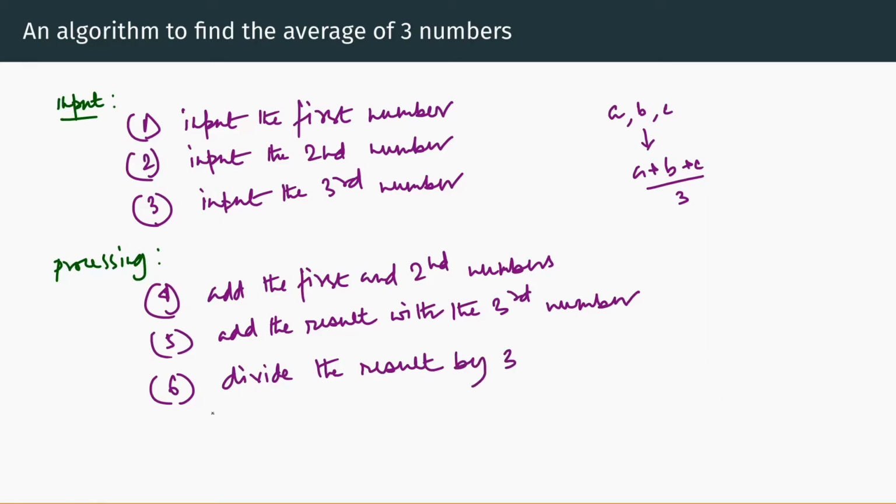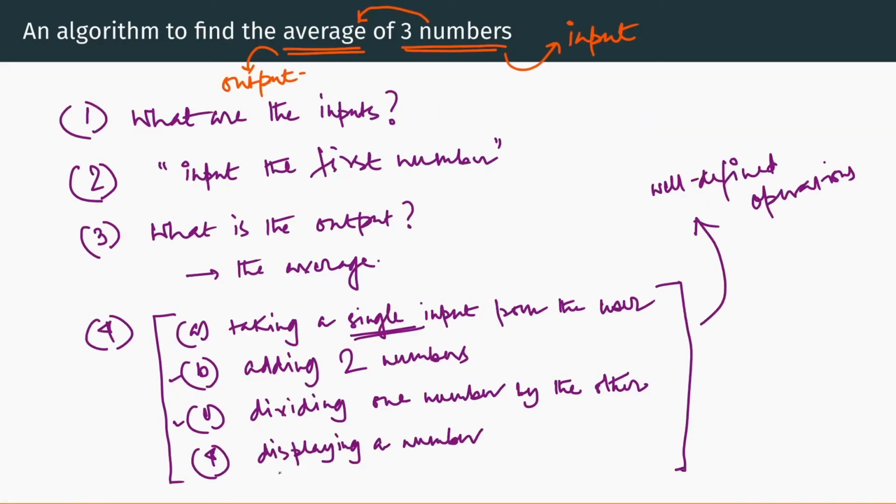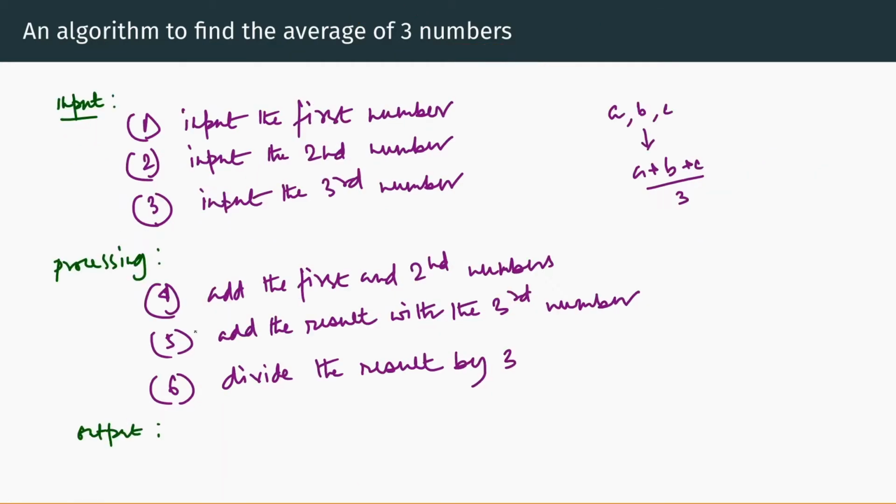That's our processing phase done. Finally, the output phase consists of a single thing, and it uses this rule right here, displaying a number. So step 7 is display the result.